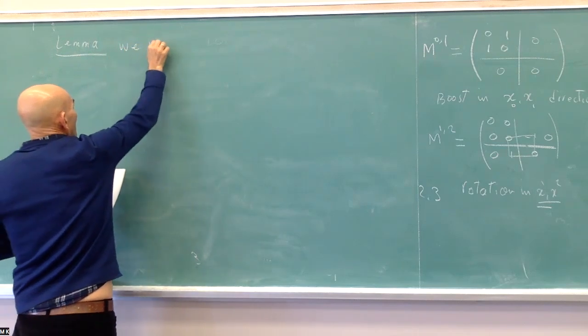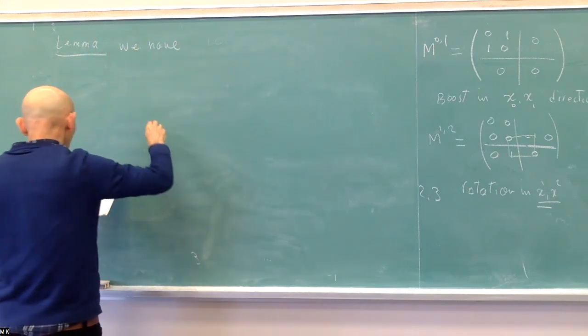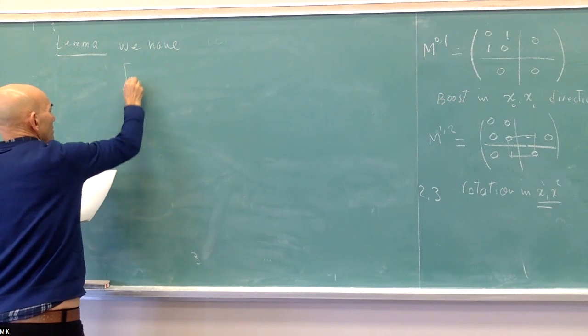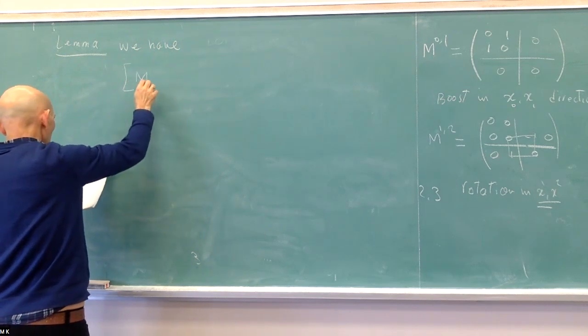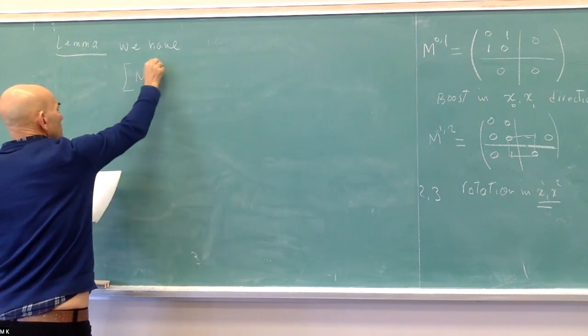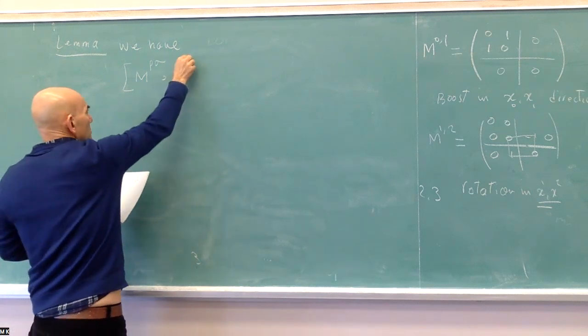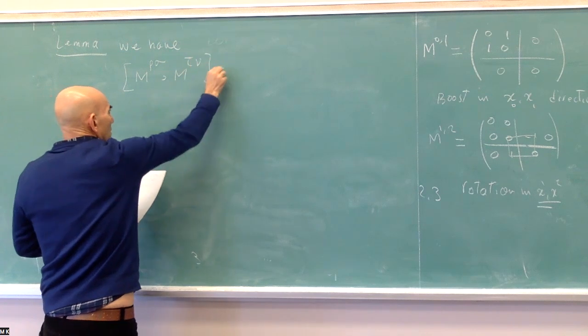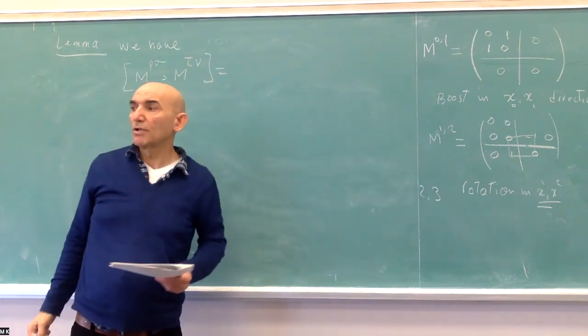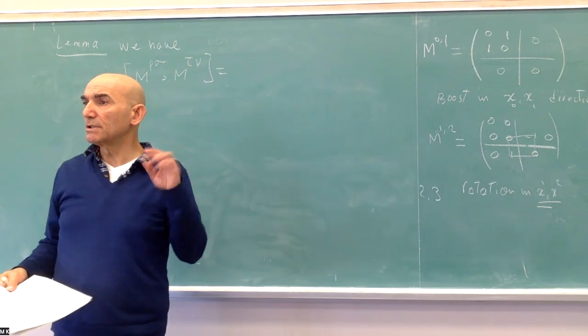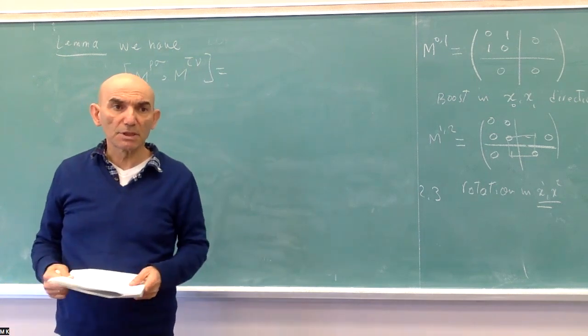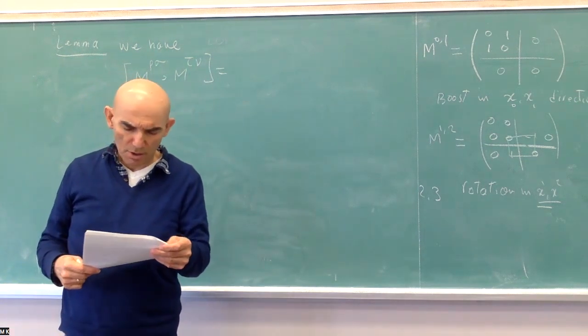We have the following relation with the bracket of m rho sigma, m tau mu. You can tell what the bracket of any two of these 6 basis elements is.